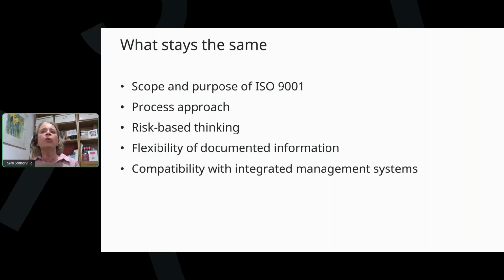And there is, of course, no expectation that any organisation should restructure a system purely to mirror the clause numbering. A process-based system is absolutely the expectation of what will be implemented, without having to follow the clause order.